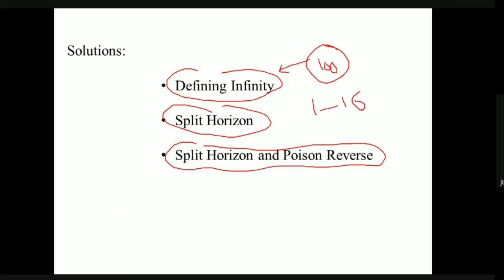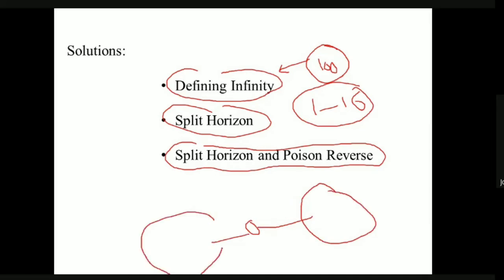That is, whenever they are sending the updates, only 16 nodes on the right side and 16 nodes on the left side; we can define infinity only up to 16 hop counts on this side and 16 hop counts on that side. That is, the size of the network in each of these directions cannot exceed 15 hops. So if it crosses 16 hops, it cannot update these values.